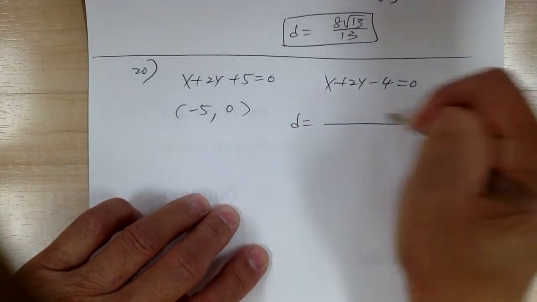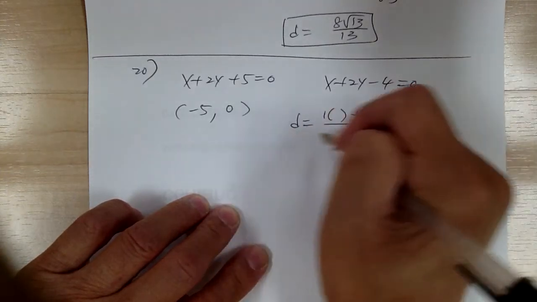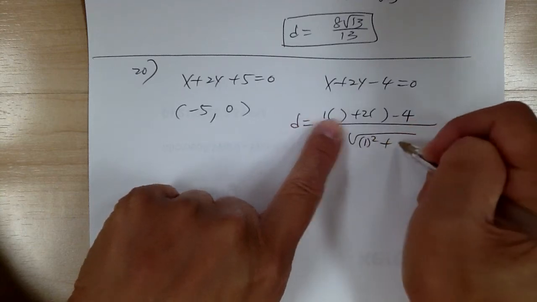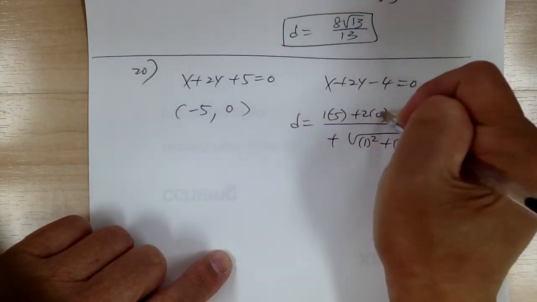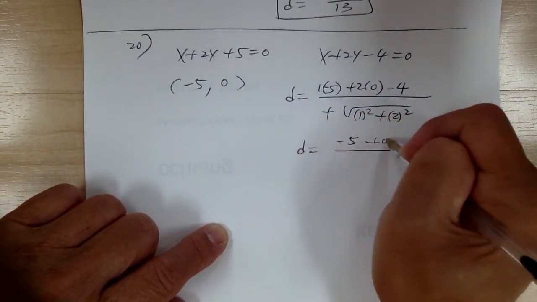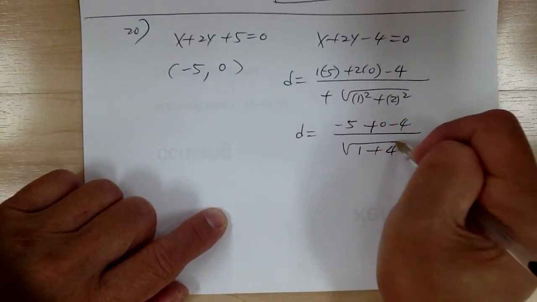So distance will equal to |1(x) + 2(y) - 4|. On the bottom, you get plus square root of 1 squared plus 2 squared. Then you put a point in here. So the distance will equal to |-5 + 0 - 4| over square root of 1 plus 4.